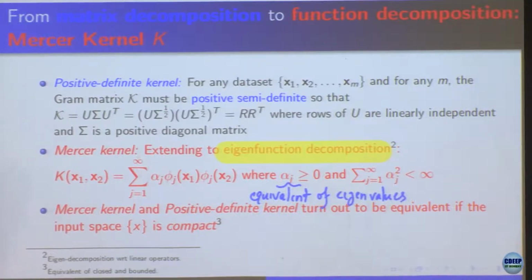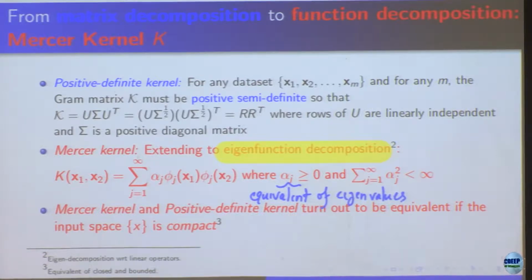Now I won't get into the technical details here. You can show that a positive definite kernel, such that for every data set you always get a positive definite Gram matrix, and a Mercer kernel, which is expressed as a summation over products of phi j of x1 and x2 for possibly countably infinite indices, turn out to be equivalent if the input space has a nice property called compactness.